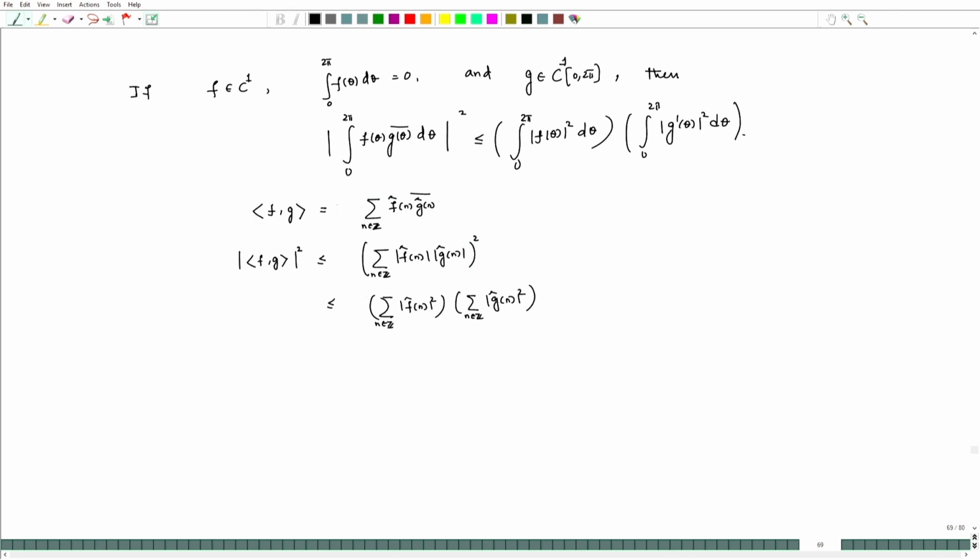Now, this is less than or equal to the integral from 0 to 2 pi of mod of f of theta squared d theta, and as you can see, there is a catch over here. I can write this sum with n not equal to 0, because f hat of 0 is 0.